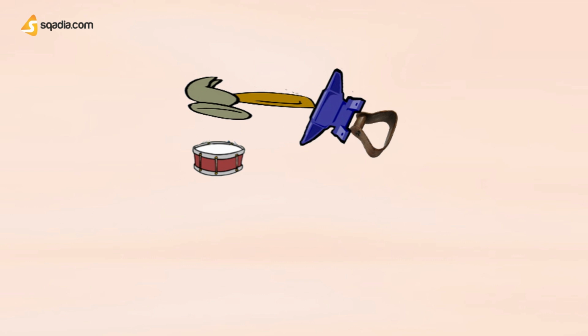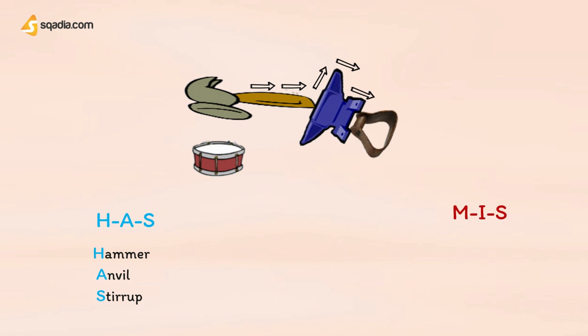It's important to remember that after sound hits the eardrum, the order is hammer, then anvil, then stirrup, or H, A, S, or M, I, S if you call these three bones malleus, incus, and stapes.